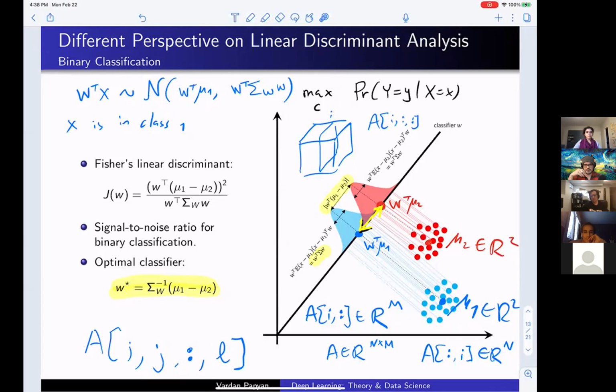But what you're saying is correct, because if you find the direction W such that after projection the two distributions are separated from each other, it means that you found a direction in high dimensional space that separates the data. So what you're saying is in fact correct, Amireza. You can judge whether the training data is linearly separable by only observing the projected distribution.